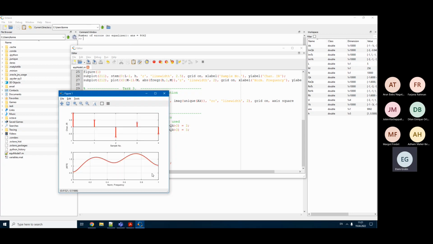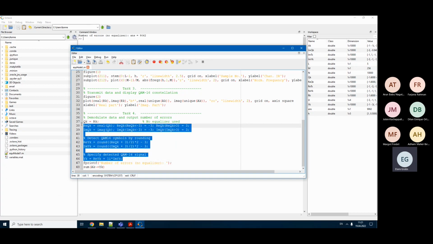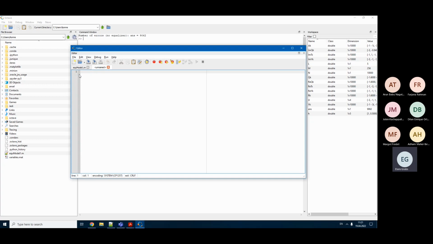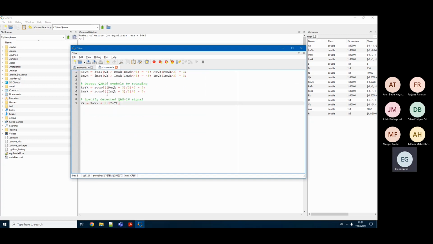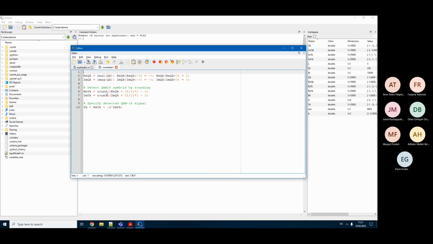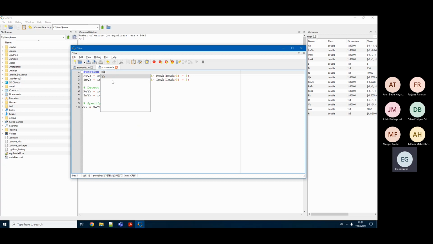Okay. Now what we want to do is to apply an equalizer and see if things improve. However, before we do that, I'm going to save this as a new file and make this a function. So the result is yk. The function name is going to be detect QAM-16, and the input is going to be qk.